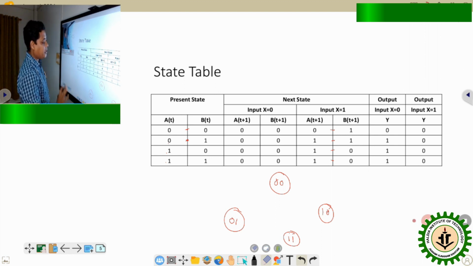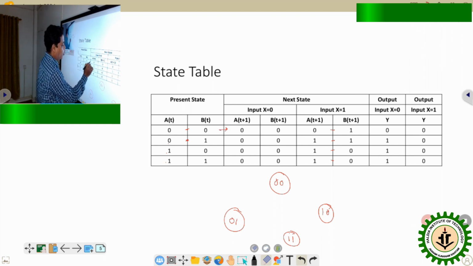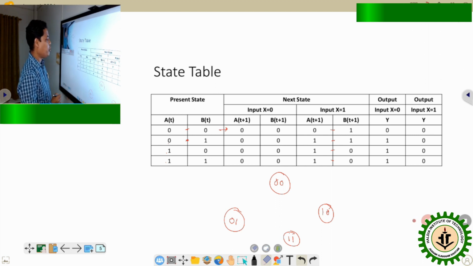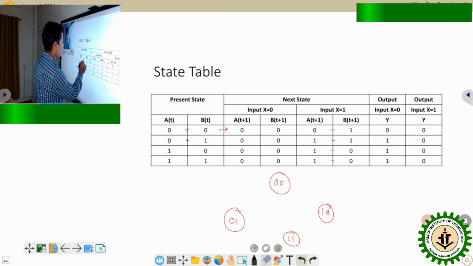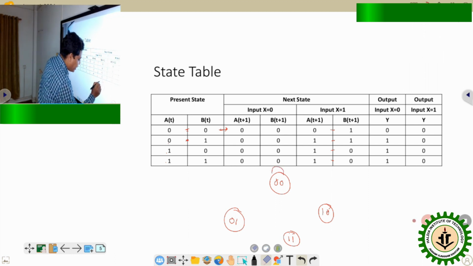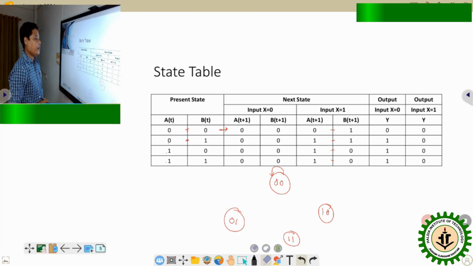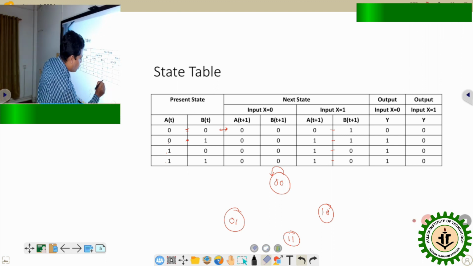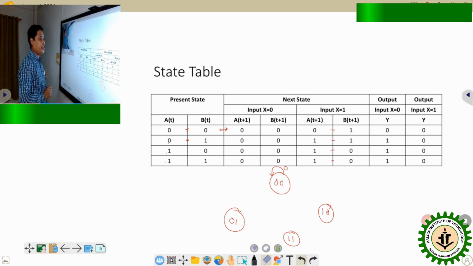Now to prepare this complete structure, let's observe the state table. Firstly, we can observe that if x input equals 0 and the clock is applied, then it will remain at the same state, from 00 to 00. So we have to draw it in this fashion, and on the arrow we have to indicate that x input equals 0.